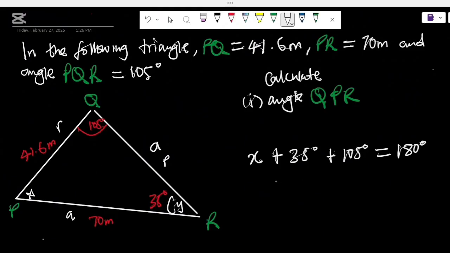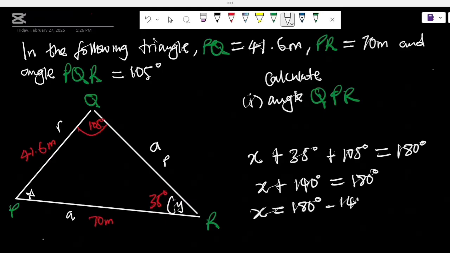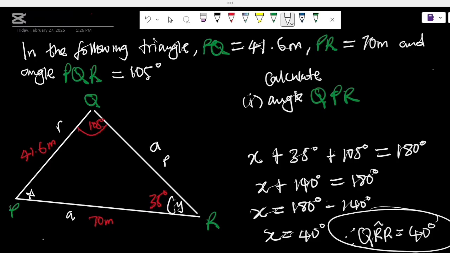So here we are going to have X plus 140 degrees is equal to 180 degrees. So X is going to be 180 degrees minus 140 degrees, which is 40 degrees. And therefore, QPR is equal to 40 degrees. And so this is our answer for this problem.